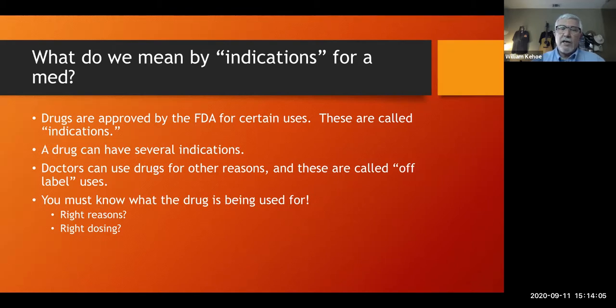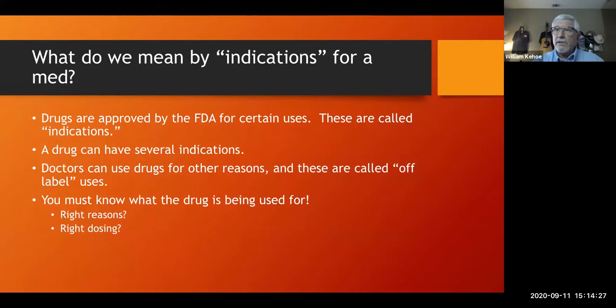Now, drugs can have other reasons that physicians or prescribers use them that are not FDA labeled indications, and those are called off-label uses. And that is where we have a reason to think a medication might do something for us in an area where it really hasn't had these large clinical trials. And with experience, we find that it does work for that situation.